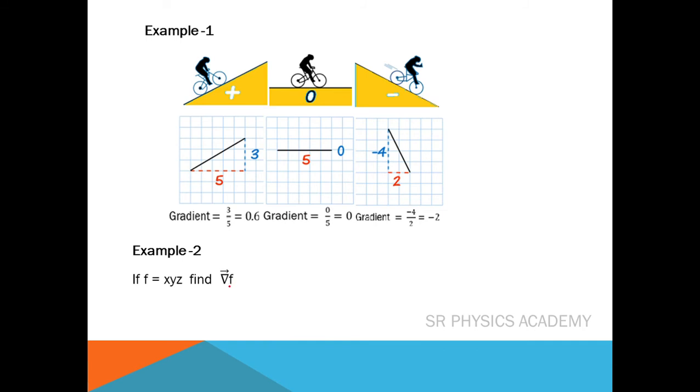So how will we calculate? We know that del f is dou f by dou x i vector, plus dou f by dou y j, plus dou f by dou z k vector.